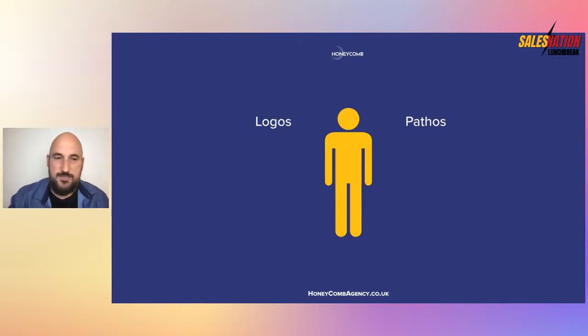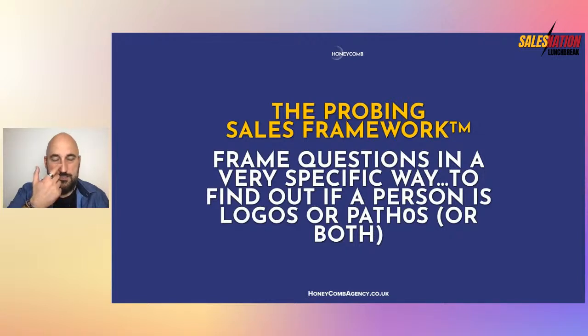Well, the probing sales framework is absolutely brilliant at that, because we can utilize our question framework to find out if someone tends to lean more on the logic side or on the emotional side when they make decisions. So the way to do it is really to frame questions in a very specific way to find out if our prospect is a logos or pathos personality or character.